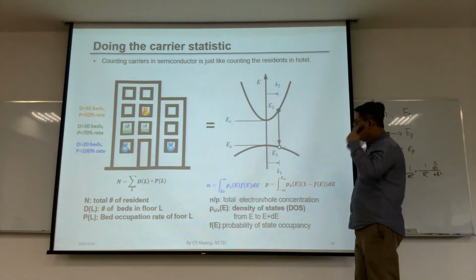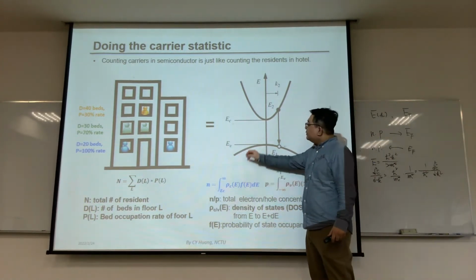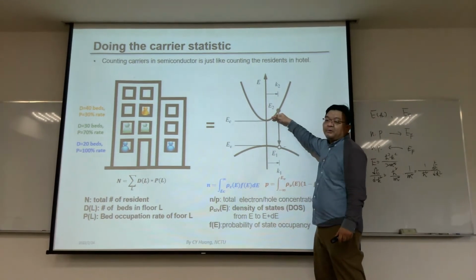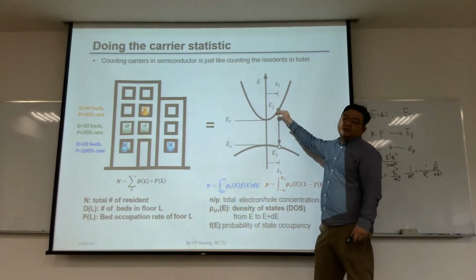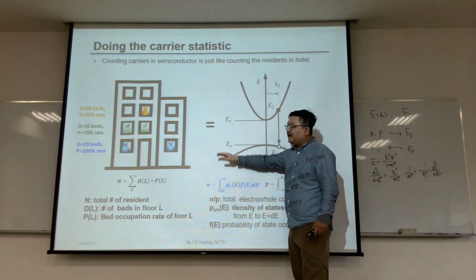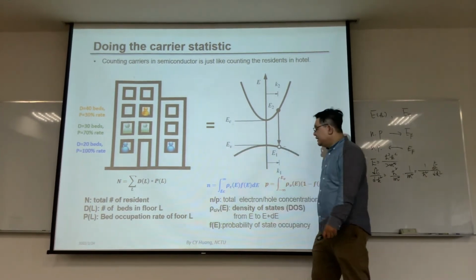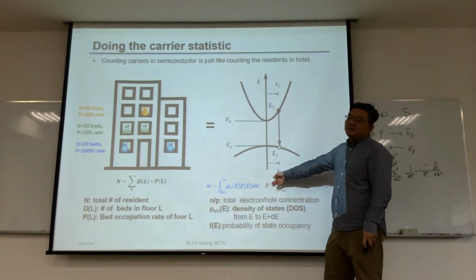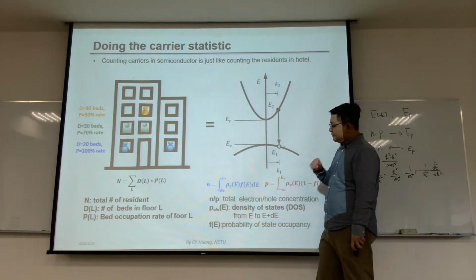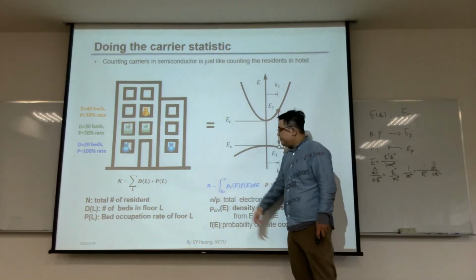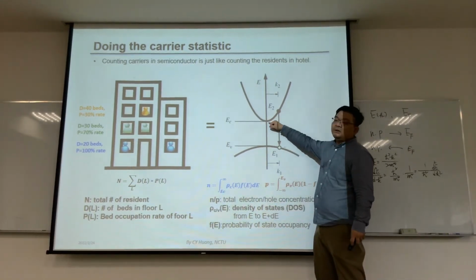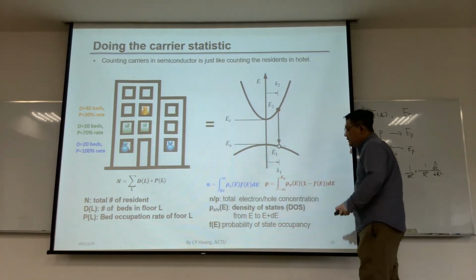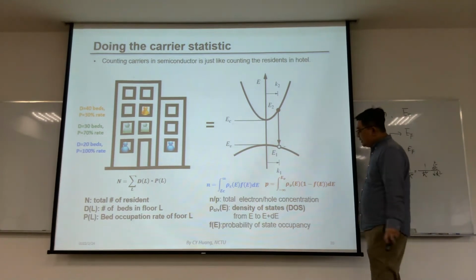You have a density of states, which means how many states you have at such a level, just like how many beds you have on such a floor, times the probability of this state being occupied. Then integrating all of that from EC to infinity, you get the total carrier concentration.